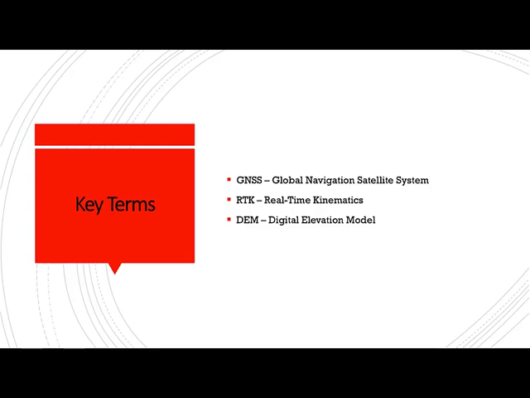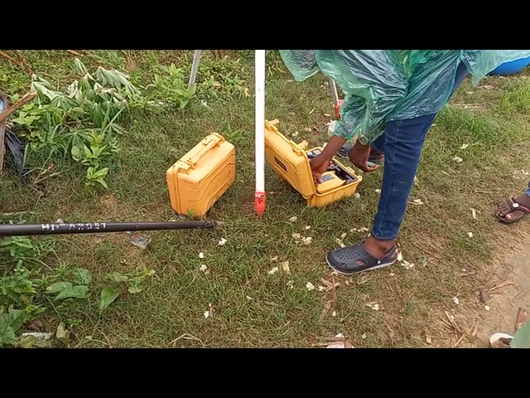Then another concept with topography is the RTK. RTK means real-time kinematics. With real-time kinematics, you can in real time correct errors from satellite data and receiver information. So it's correcting the data you are obtaining from the satellite, for your coordinates and your elevation.